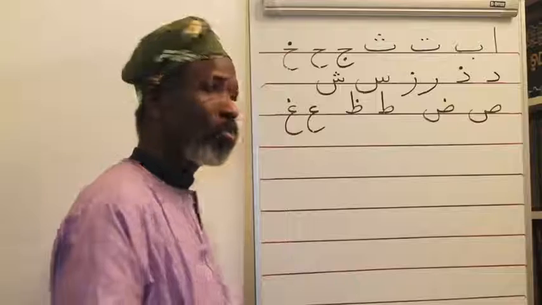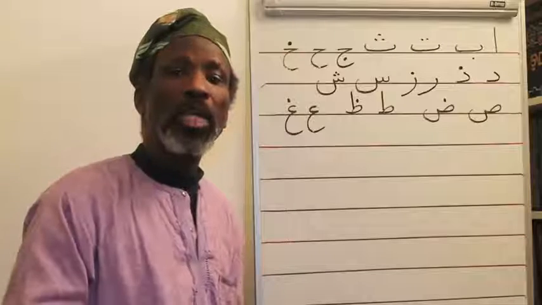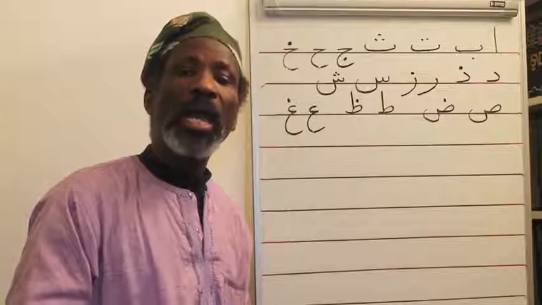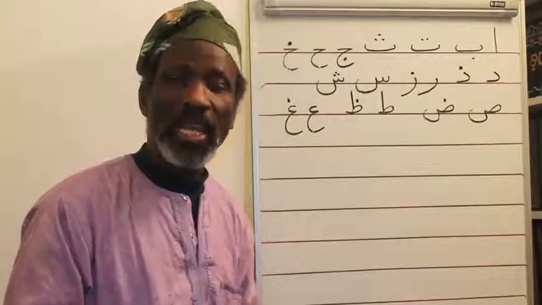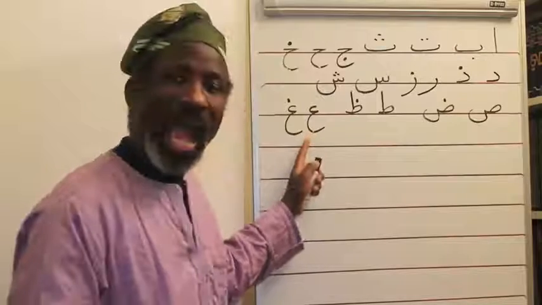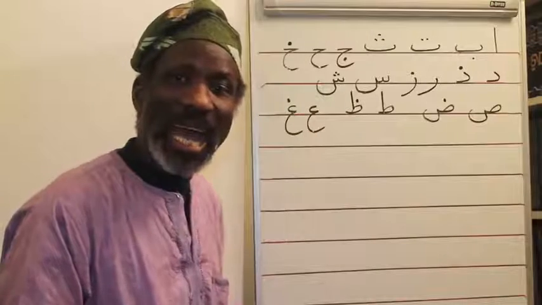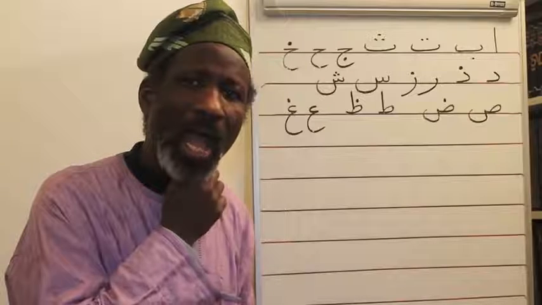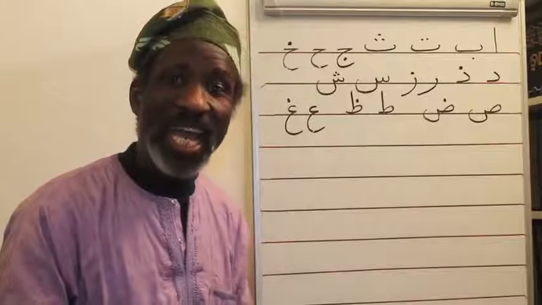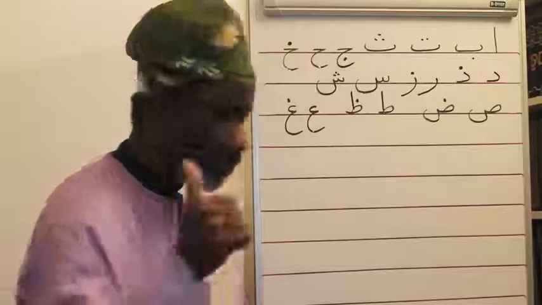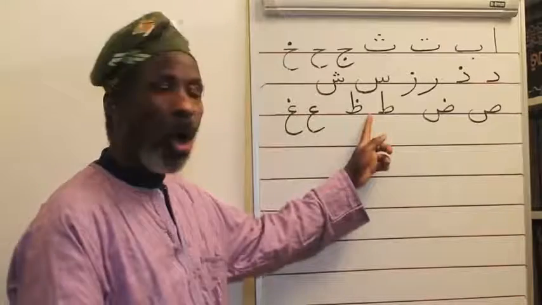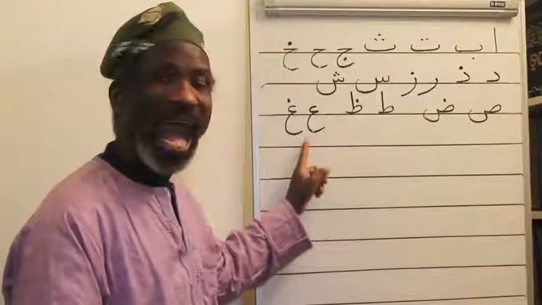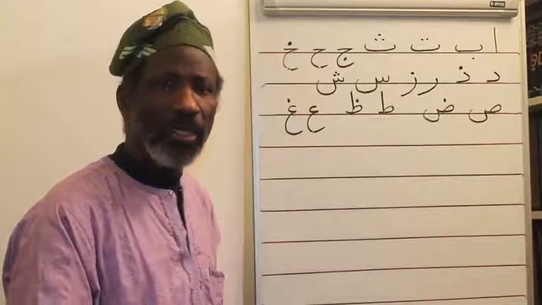As if when you put a liquid down your throat and gargle, you combine that with the Ein. Ein, Ein, Ghein. Come on, have a go. Ein, Ghein. Well done. So, Ta, Tha, Ein, Ghein.